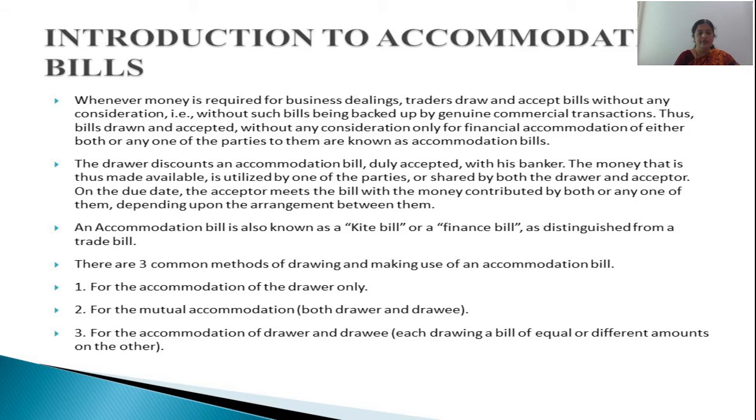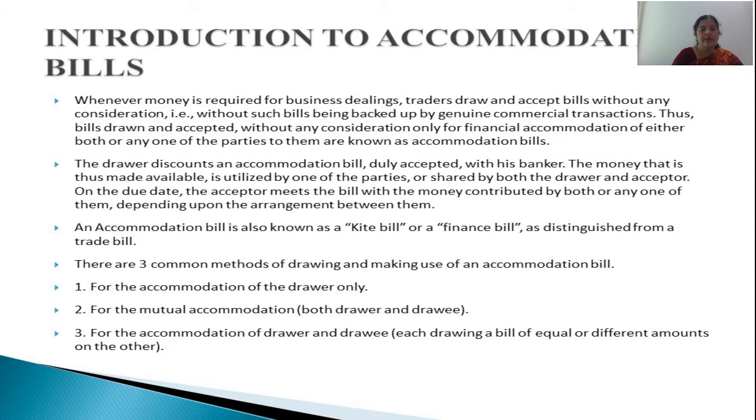In the same way, on the same date, B draws one more bill on A, and A accepts it and gives it back to B. So B in the second bill will be the drawer and A will be the drawee.